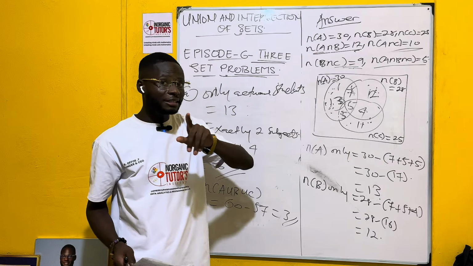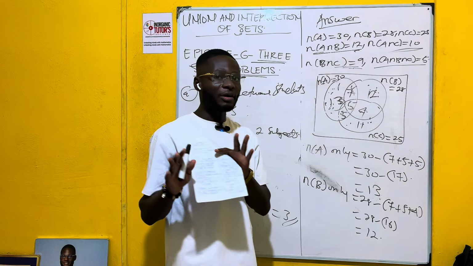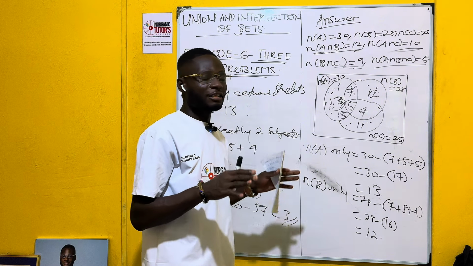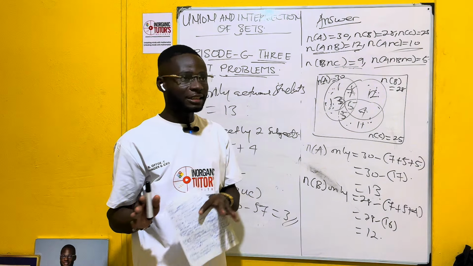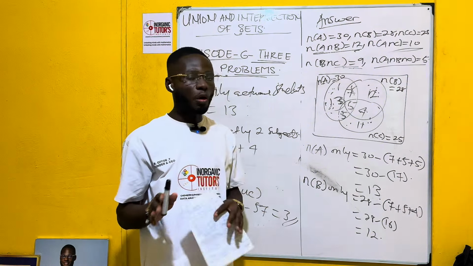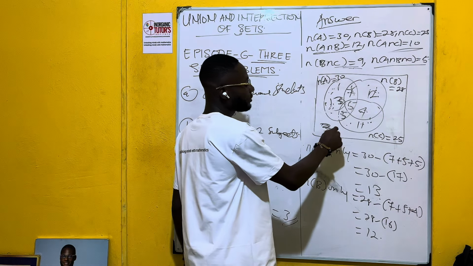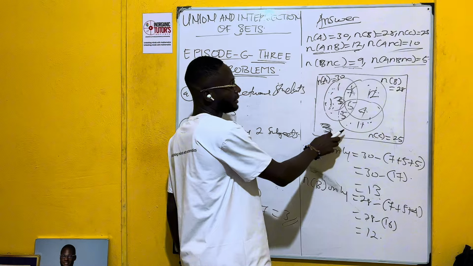We are using subject, right? So if we talk about none of the subject, the student is neither offering actuarial science or chemistry or biology. We had only 3 students, and that is this section.